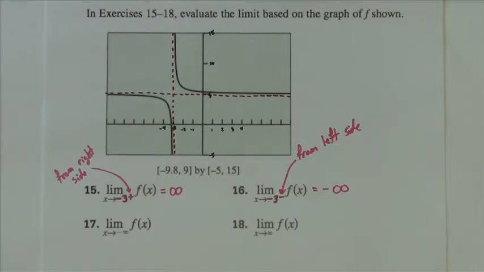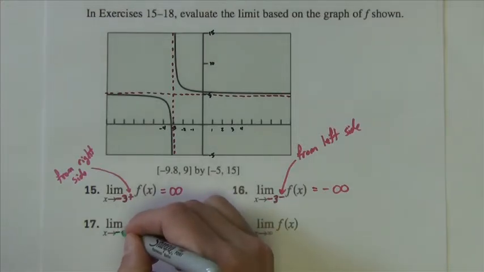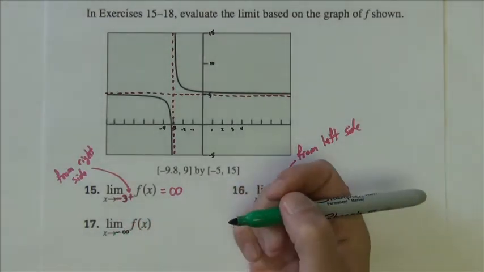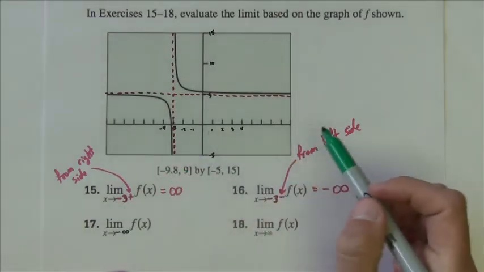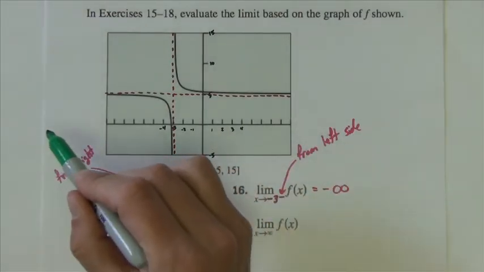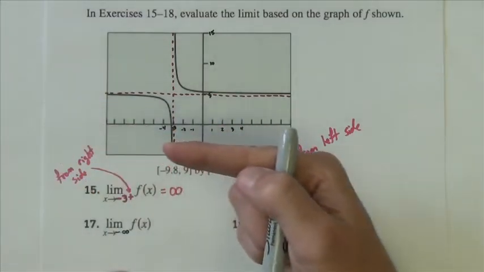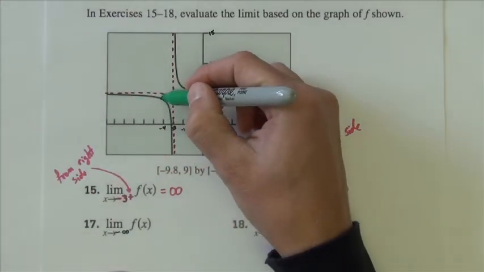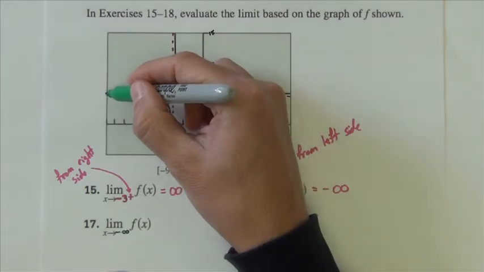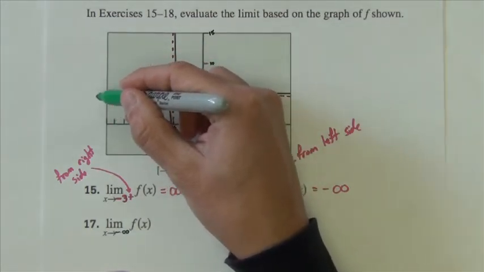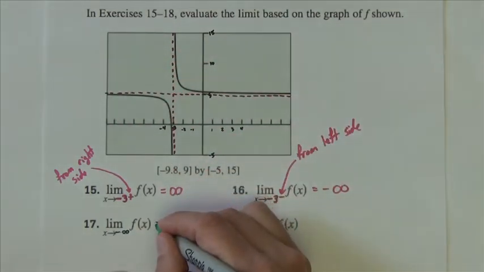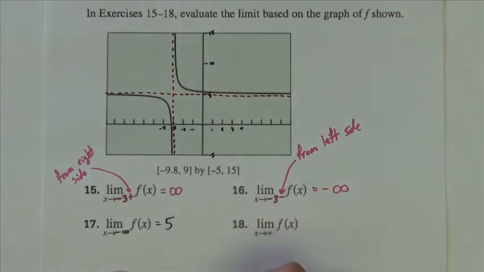Okay. The next one is asking us to find the limit as x approaches negative infinity. Negative infinity on the x-axis is here. It's way out to the left. So we've got to go to that direction. And as we go that direction, what's the function getting closer to? It's getting closer to that horizontal asymptote, which is at 5.